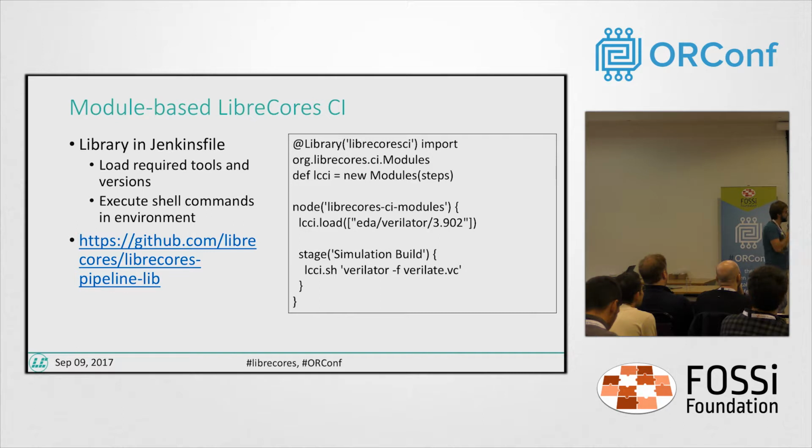We added an extra layer, which is EDA tools or cross-compilers, for example. You can find this library online, and then afterwards, later on, you can just call a CCI shell, and then the shell that is executed loads all the modules that you want, right?